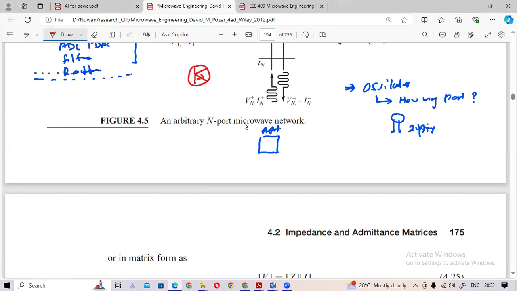This is the collector, this is the base, and this is the emitter. If you consider a common emitter amplifier, this is the input side, this is the output side.